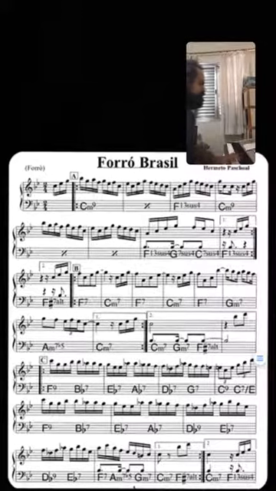I'm sorry. This is transformed in syncopation, then the accent changed place. Okay, but with the 16th note.